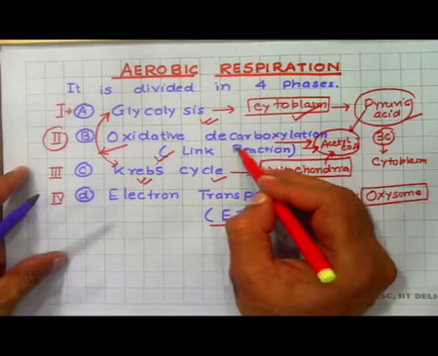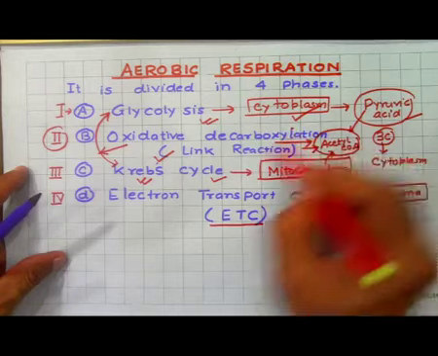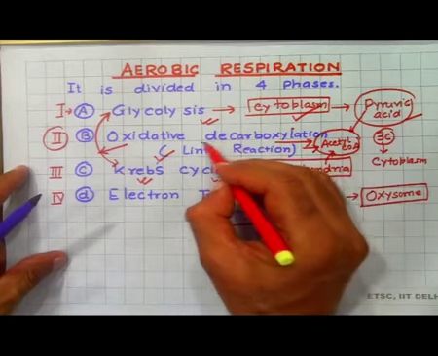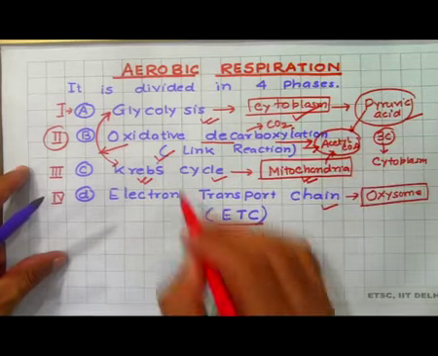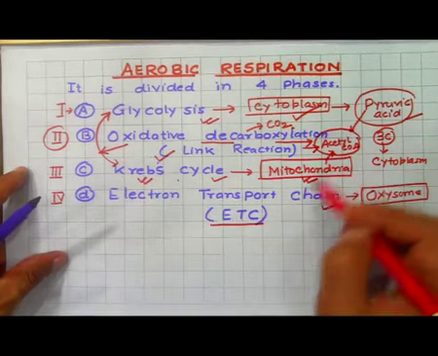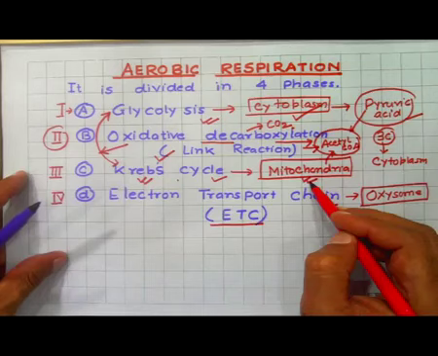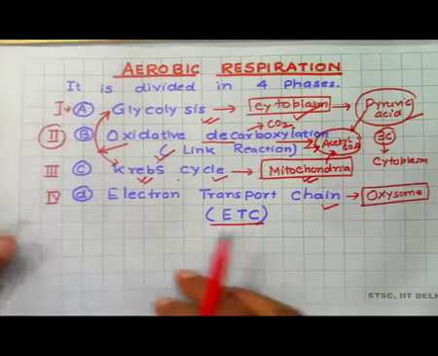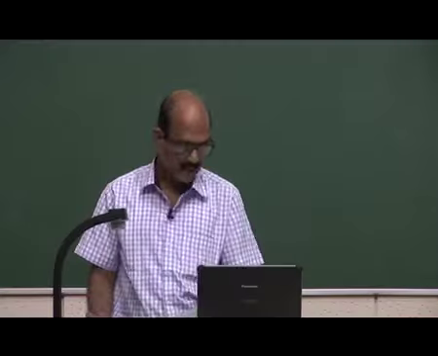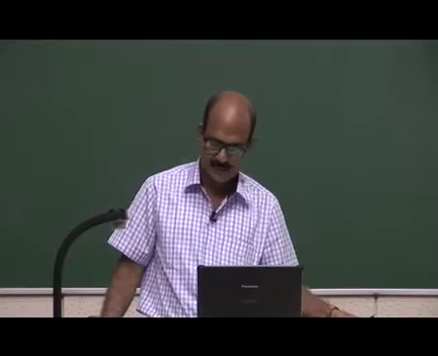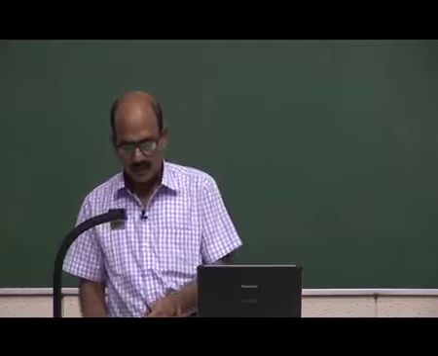Here the decarboxylation process occurs, which, as the name indicates, is the release of carbon dioxide. In the Krebs cycle, acetyl coenzyme enters the mitochondria and the Krebs cycle occurs. Then in the oxysome, the electron transport chain and oxidative phosphorylation take place. Now, come to glycolysis.